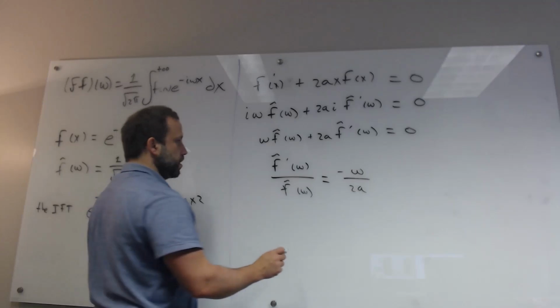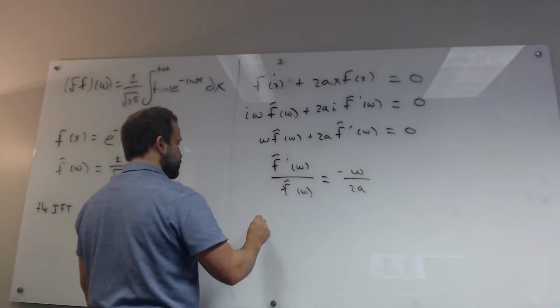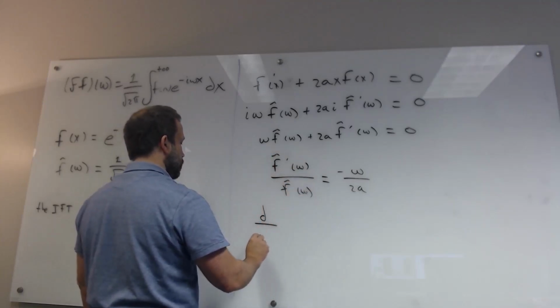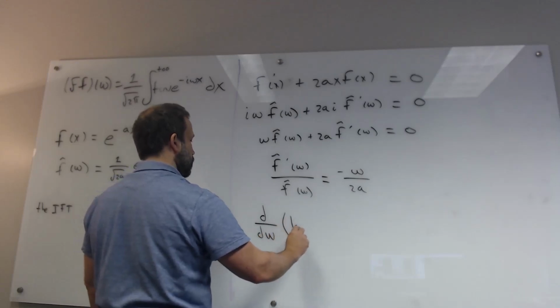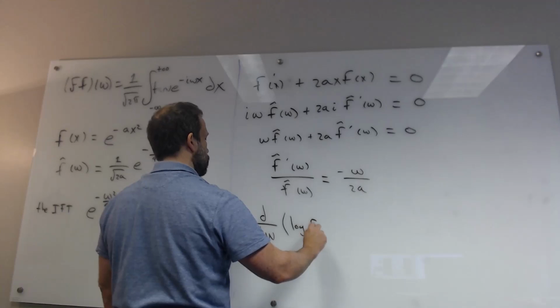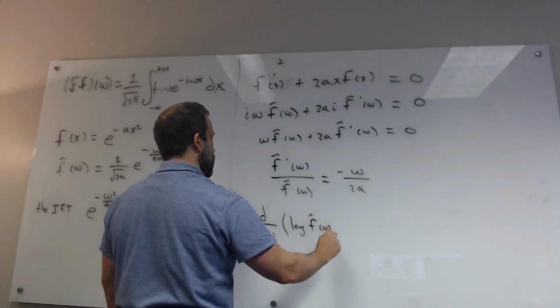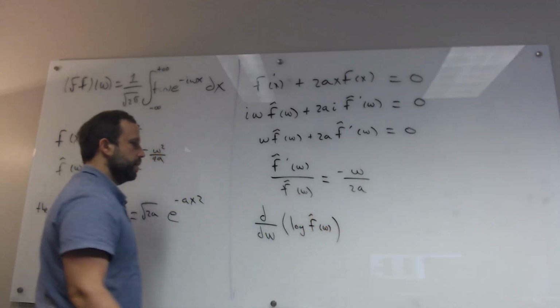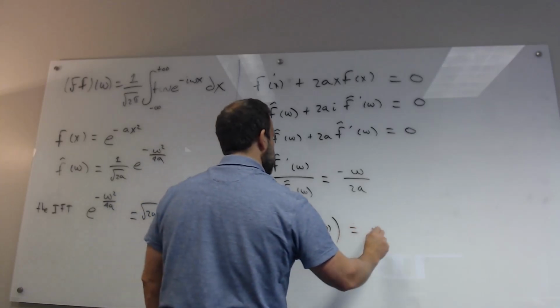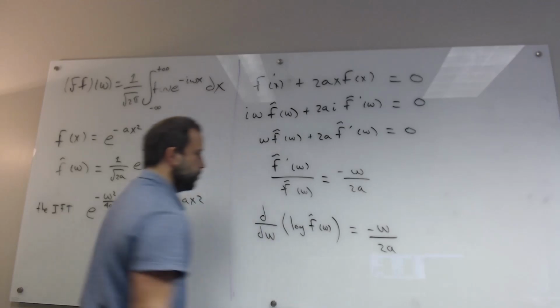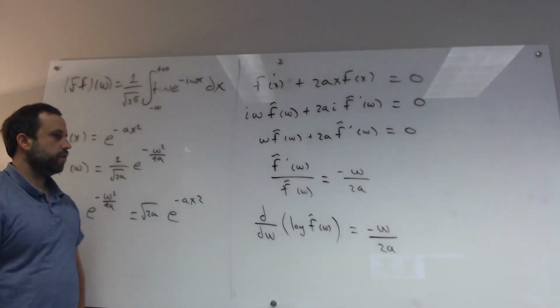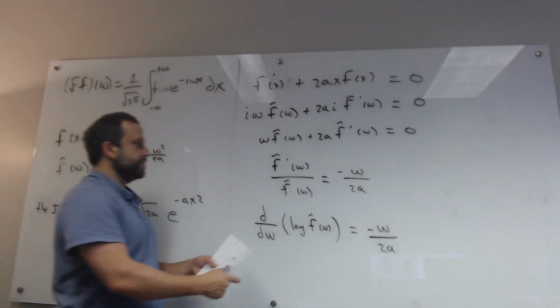Well, this is good because this is the derivative with respect to omega of the log, where log means natural log, of f hat of omega, and this is equal to minus omega over 2a.